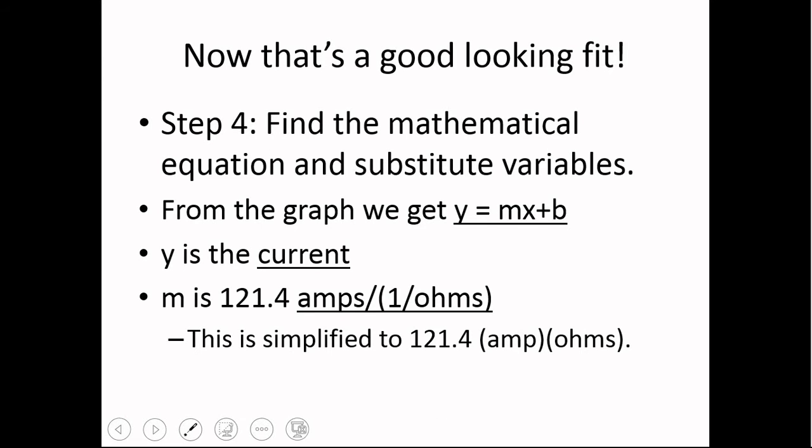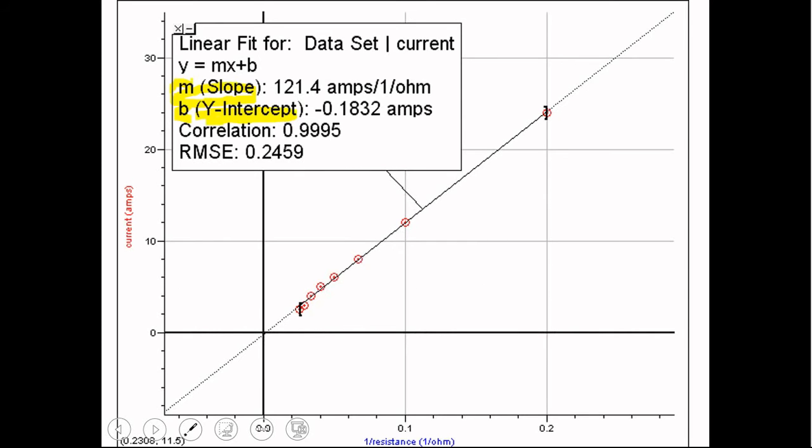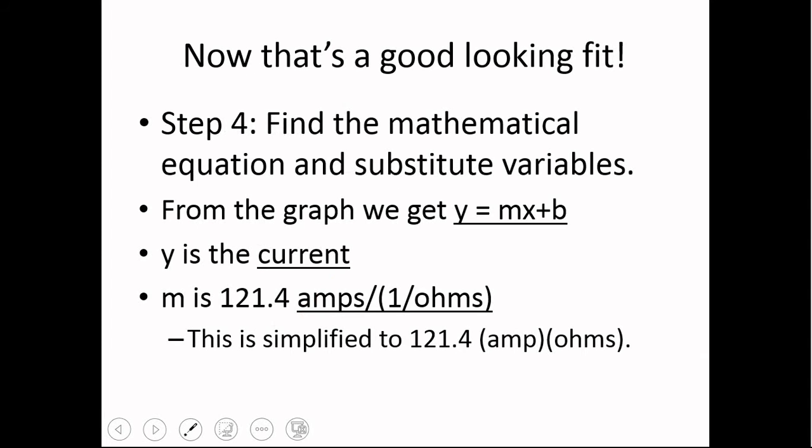So y is current, m is 121.4 amp ohms divided by 1 over ohms, which is interesting. So notice resistance was ohms. Now you got to invert the unit as well, and so you end up with 1 over ohms, and so you end up with amps over 1 over ohms, and you simplify that to amp ohms.